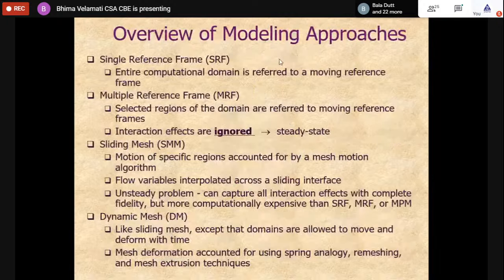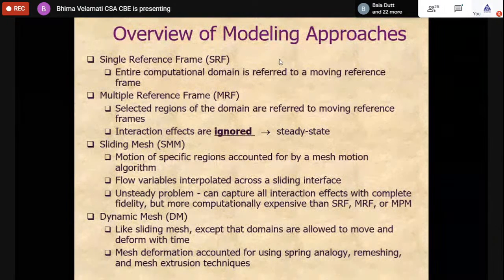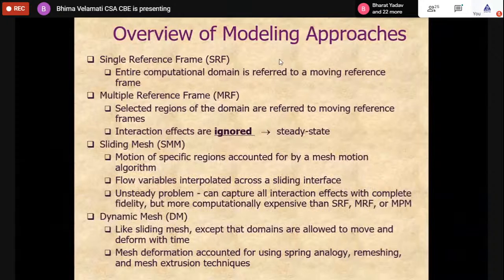So overall view, I usually use Fluent, but whatever I'm teaching is more generic, which is available in all the general CFD solvers. There are primarily two approaches for reference frame. One is called single reference frame, other is multiple reference frame.